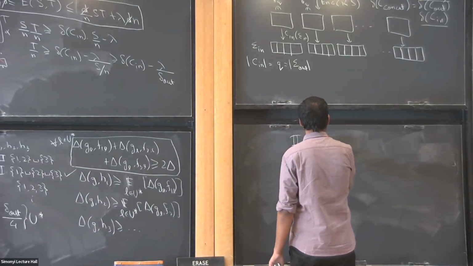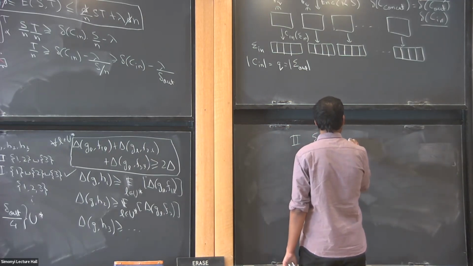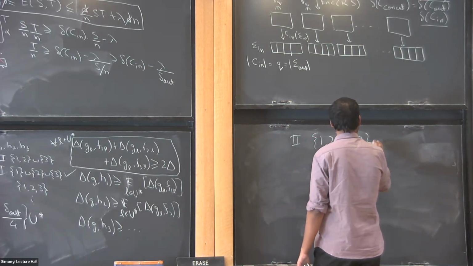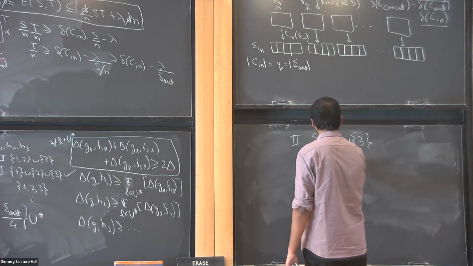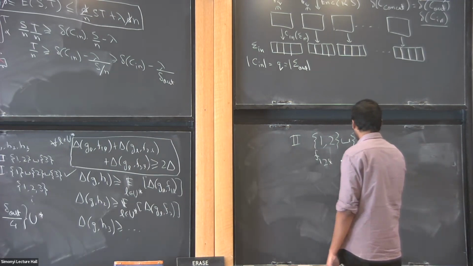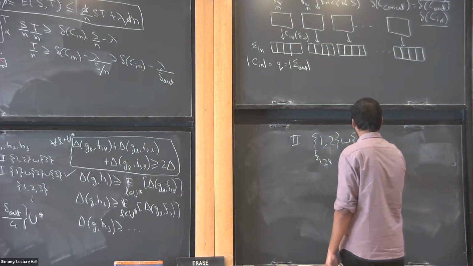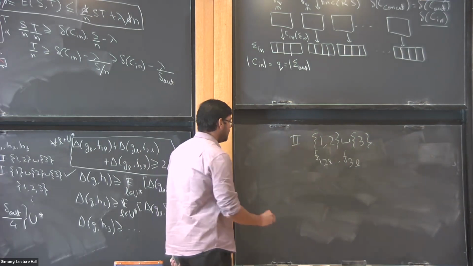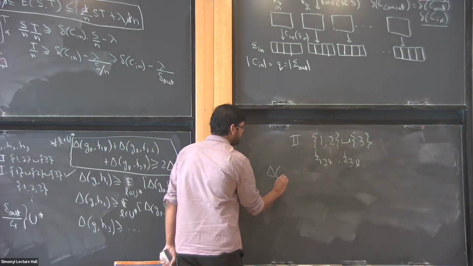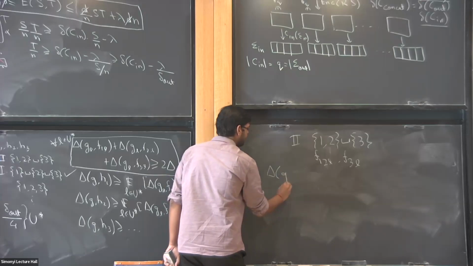The partition looks like 1, 2. So now F12L will be a common thing and F3L is different. So again, we can use the generalized singleton bound, but only for these 2 at a time.